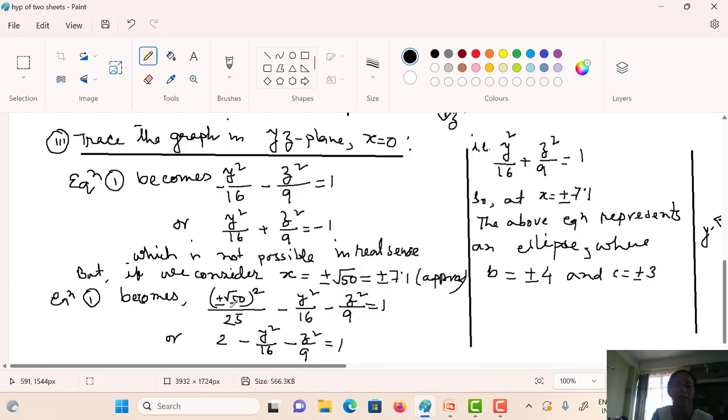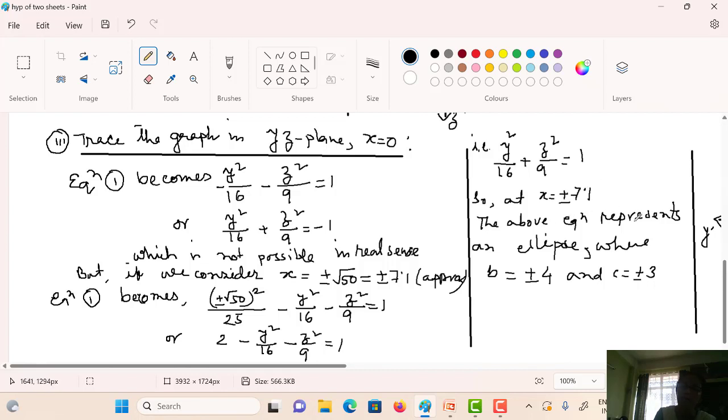So this means 50 by 25, that is 2. So it is 2 minus y square by 16 minus z square by 9 equal to 1, which can be written as y square by 16 plus z square by 9 equal to 2 minus 1, means 1.